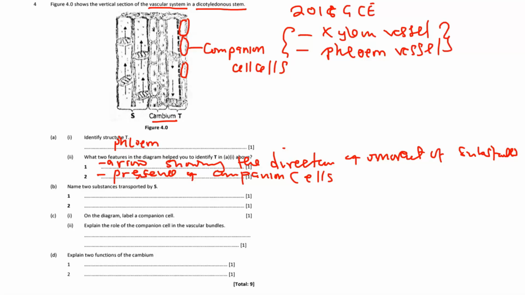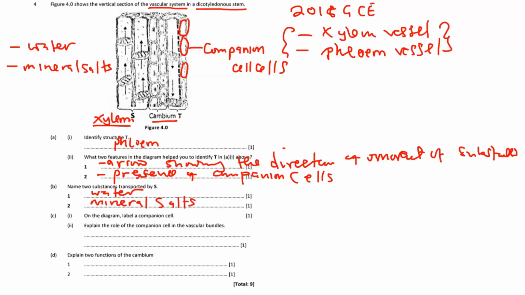Name two substances transported in S. What are the two substances transported in S? So S, we said, is the what? The xylem. Two substances transported in xylem: we said xylem transports water and what? Mineral salts. Very important. So water and mineral salts.